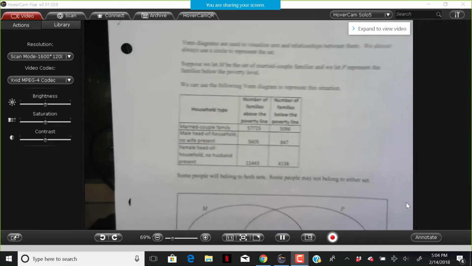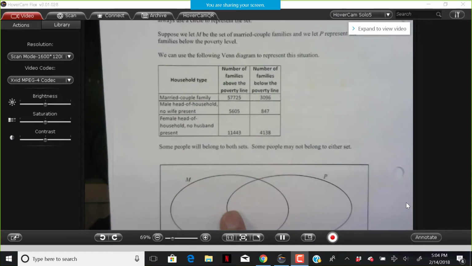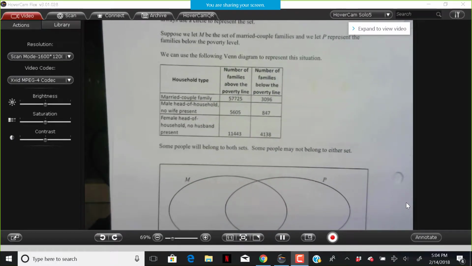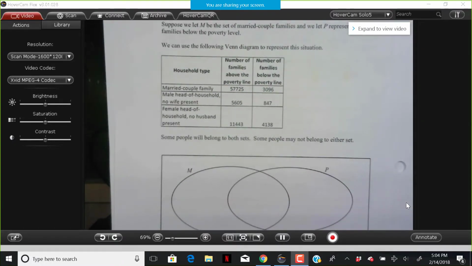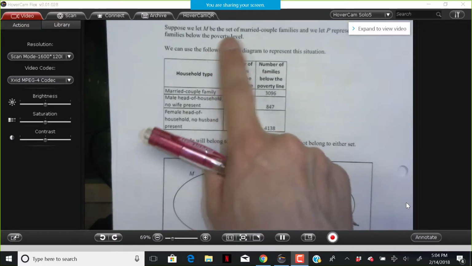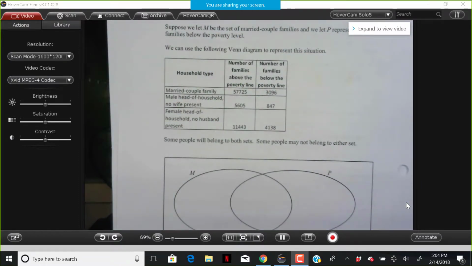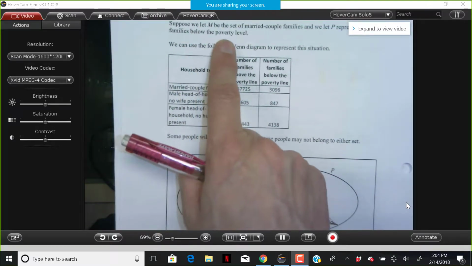Okay, so Venn diagrams. Venn diagrams are used to visualize sets and relationships between them. It says we almost always use a circle to represent a set, and then the box is like the collection of everybody. So the box is our whole sample. In this picture, suppose we let M be the set of married couple families, and we let P be the families below the poverty level, okay?